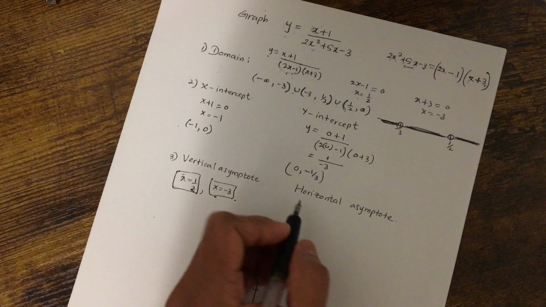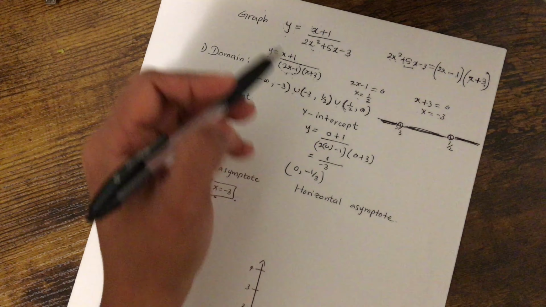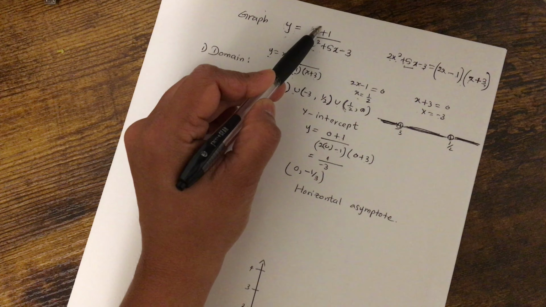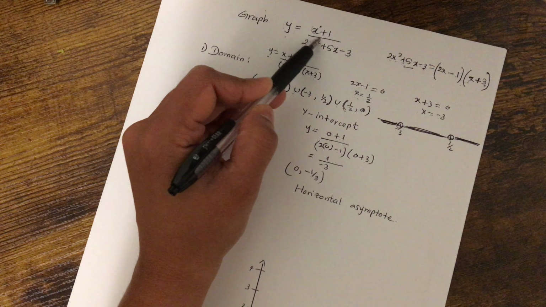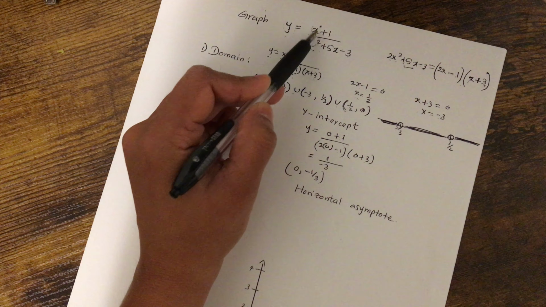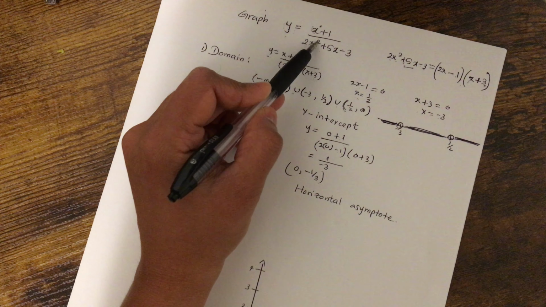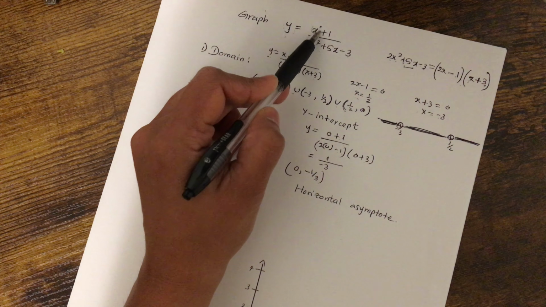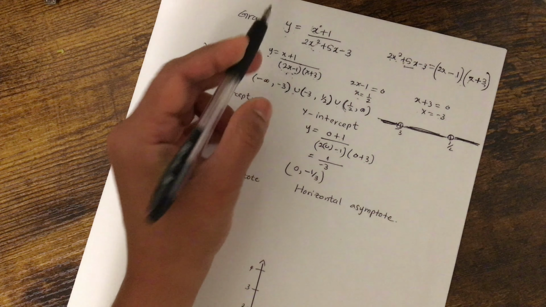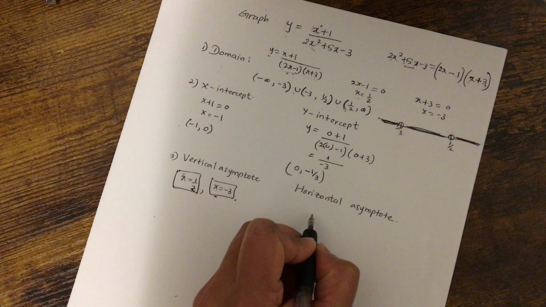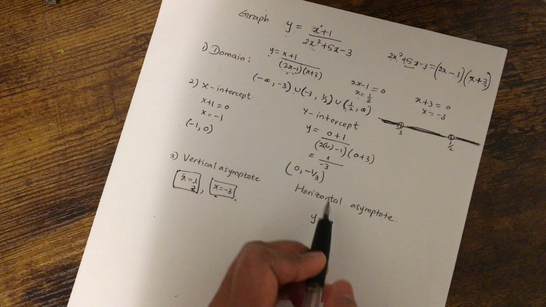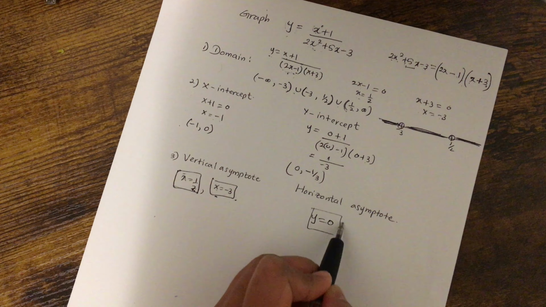Then look at the horizontal asymptote. If you look at this rational function, you can see the degree of the numerator is 1 and the degree of the denominator is 2. So the degree of the denominator is higher than the degree of the numerator. In that situation, the horizontal asymptote becomes y equals 0. Why?